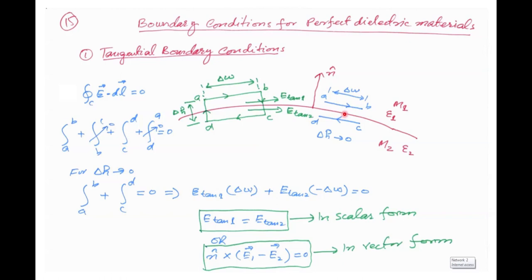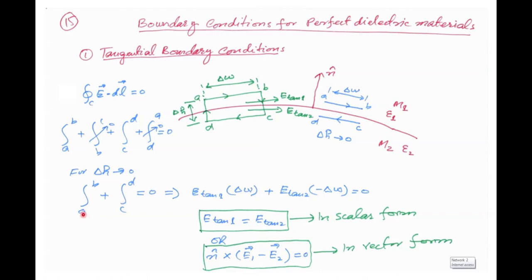So we are left with only two paths, one in material 1 and another in material 2, that is the AB path and the CD path. So the contribution due to integration along B to C and D to A vanishes, and this expression takes this form.